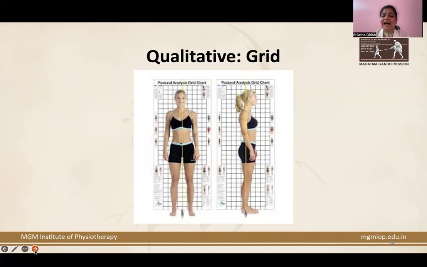So basically, it allows us to observe if any asymmetries are present in the limbs, joint angles, or overall body posture. Grid is particularly useful in identifying right and left discrepancies that may not be apparent through simple visual observation.